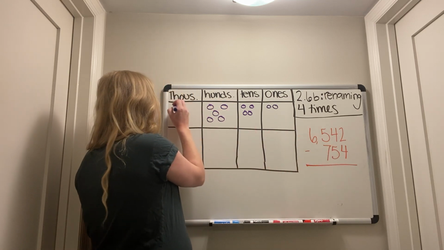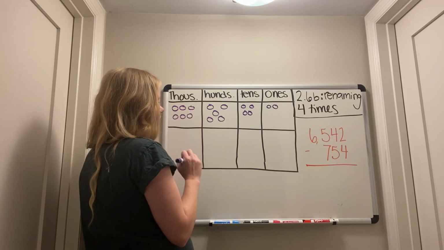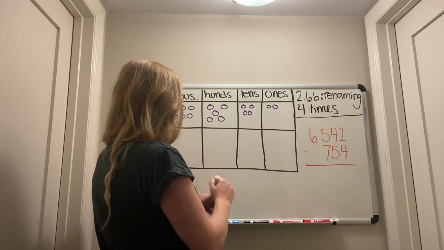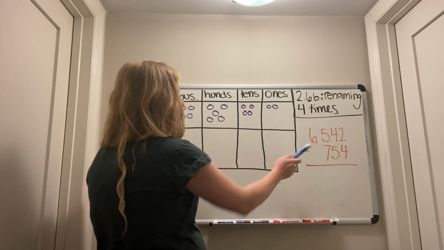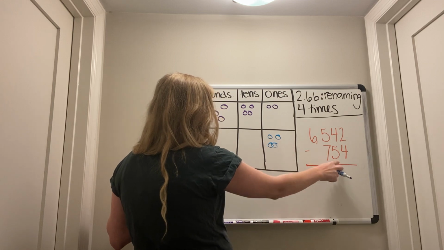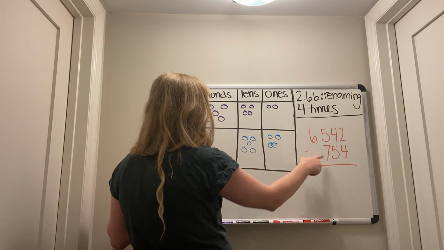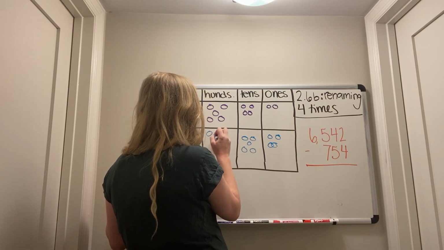And we have 6 thousands. Okay, done with that number. Now, down here we have 4 ones, 5 tens or 50, 7 hundreds or 700.